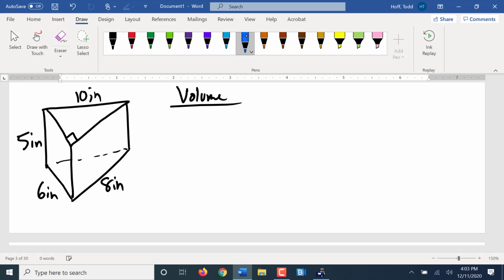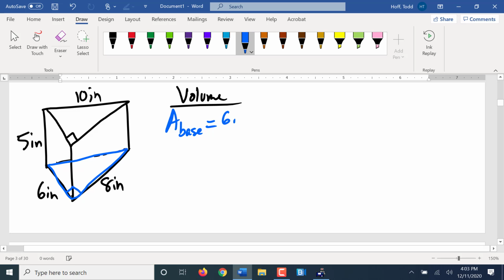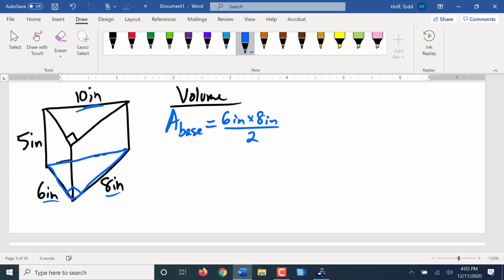For volume, our first step is to find the area of the base. What shape is the base here? It's the triangle. And I was nice and gave you a right triangle. How do I find the area of that triangle? 6 inches times 8 inches divided by 2. How did we know to use the 6 and the 8, not the 10?